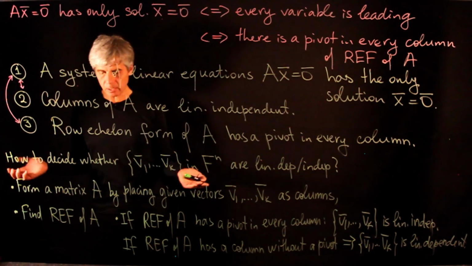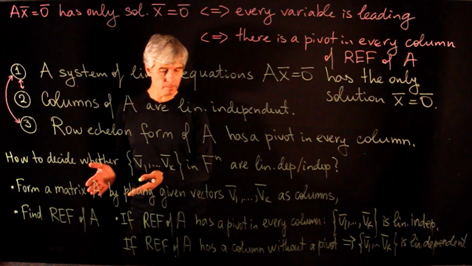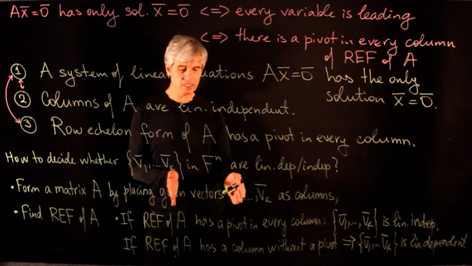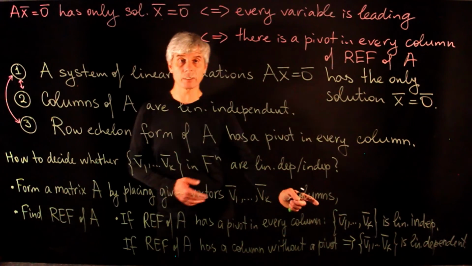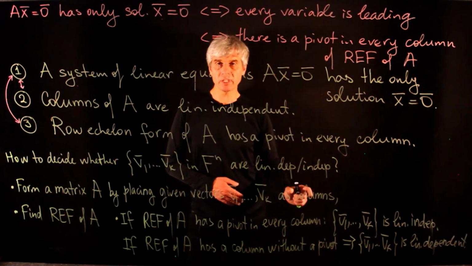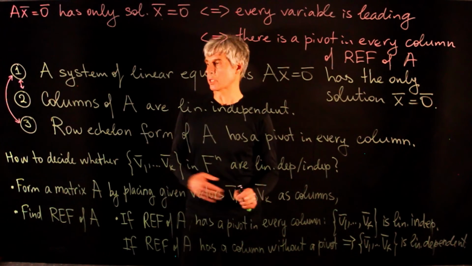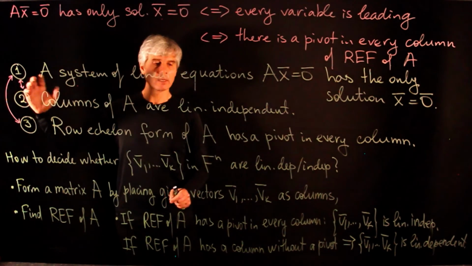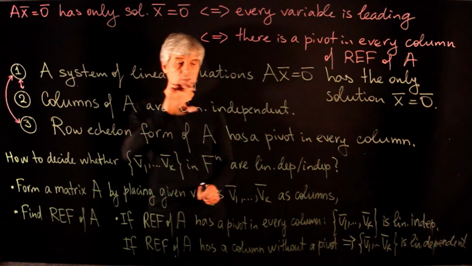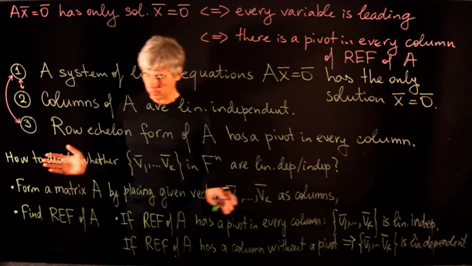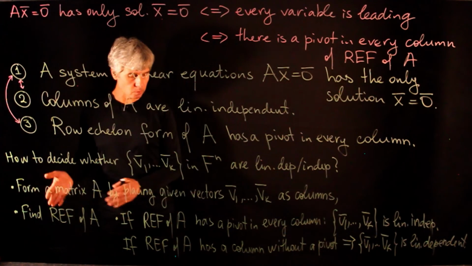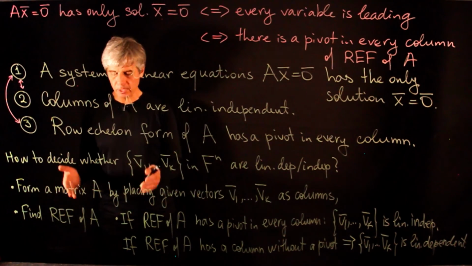So to answer this question, we have to form a matrix by placing these vectors as columns. And this is important, right? It's important to put these vectors as columns and not as rows, because this theorem is only about the columns of A.